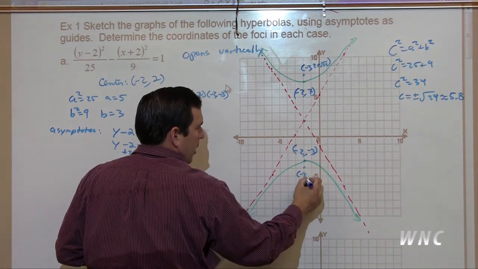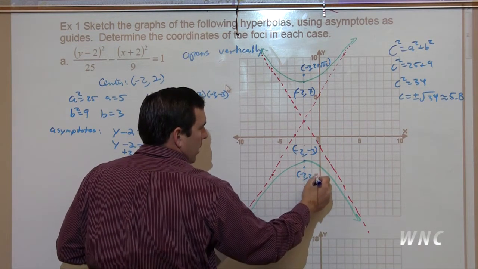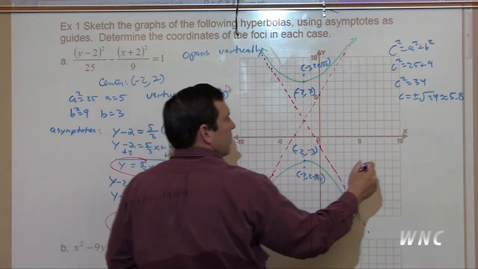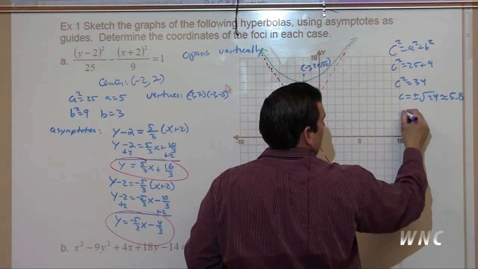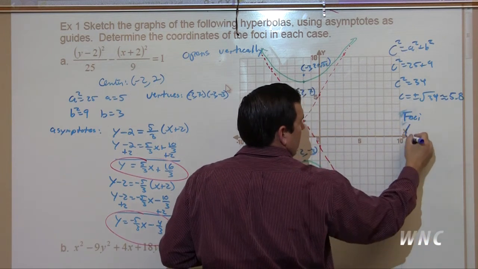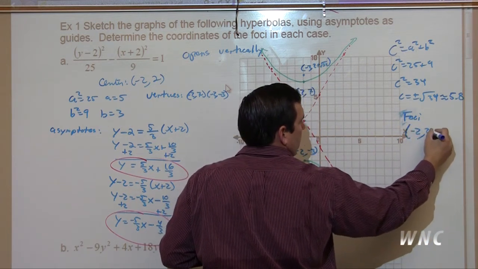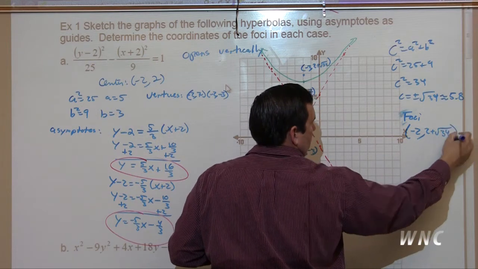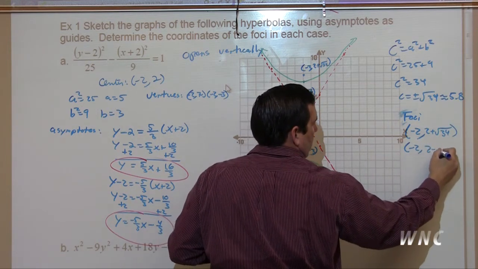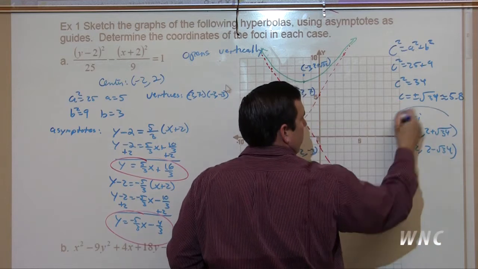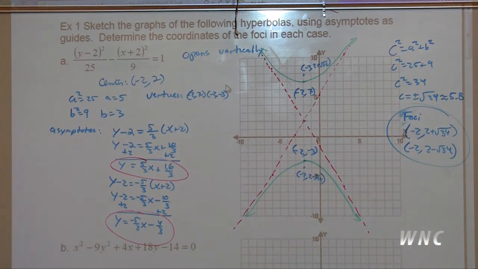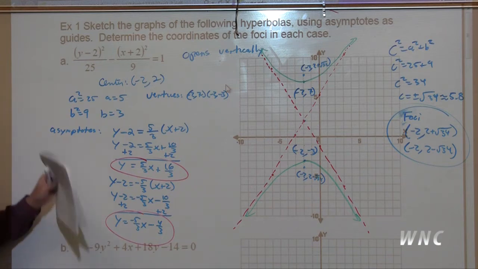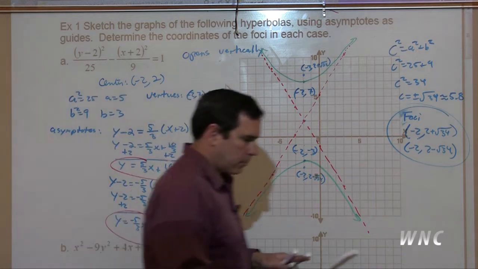That's at negative 2, comma, 2 minus the square root of 34. There you go. And there's our first hyperbola. Yay, we did it.